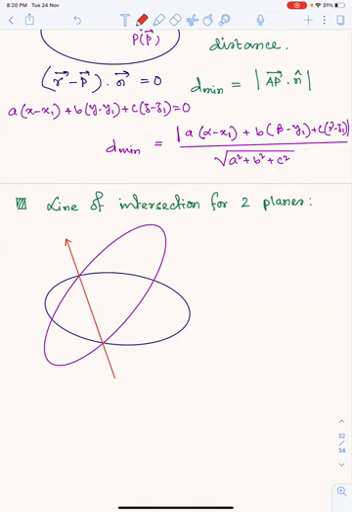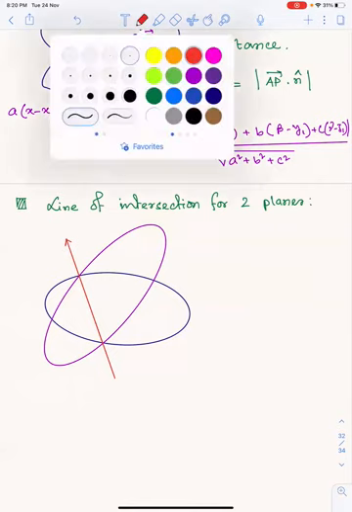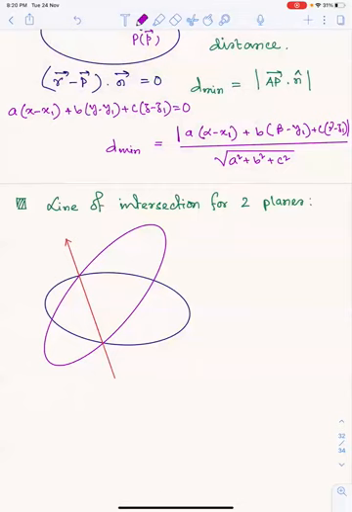Now the first identification that we can have is that this line is definitely perpendicular to the outward normal for the plane.